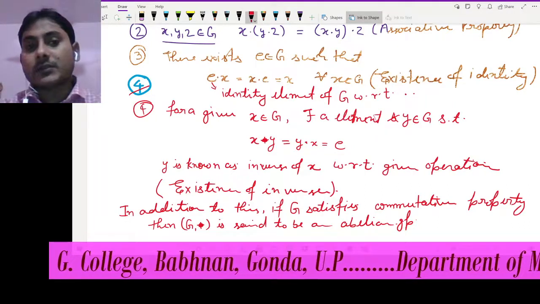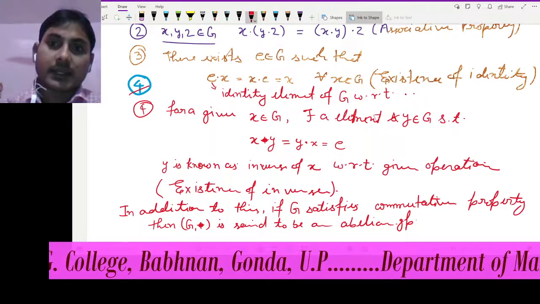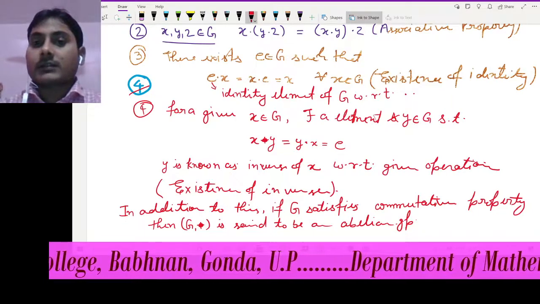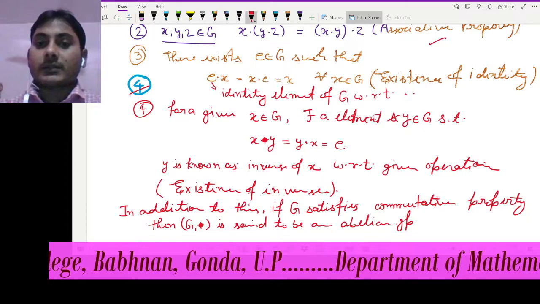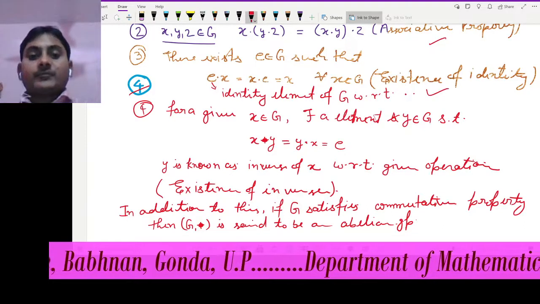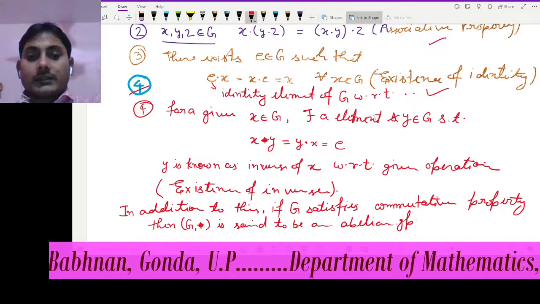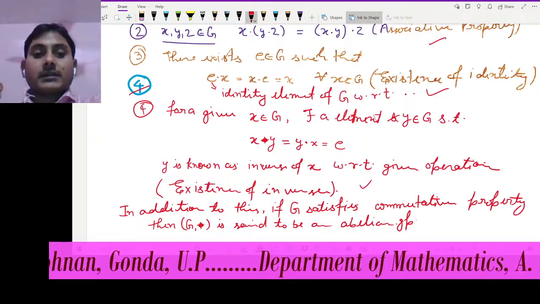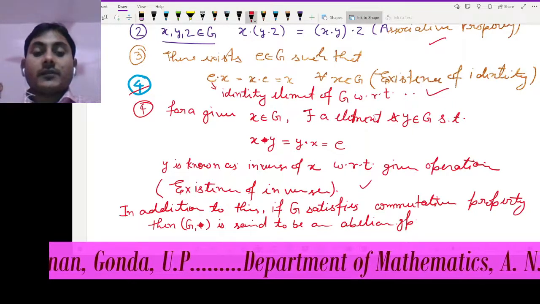satisfy four properties. First one is the closure property, second one is the associative property, third one is the existence of identity, and the fourth one is the existence of inverses.